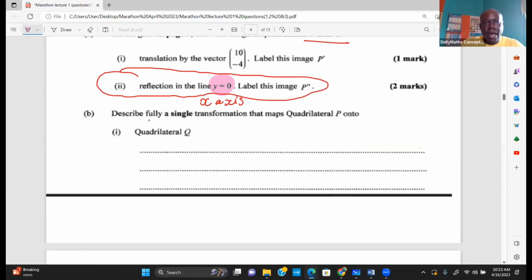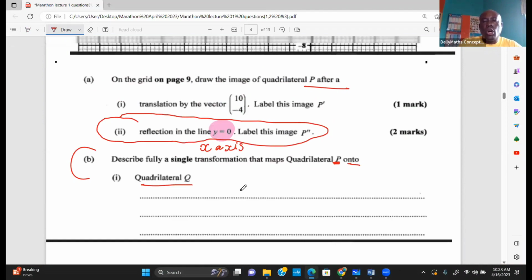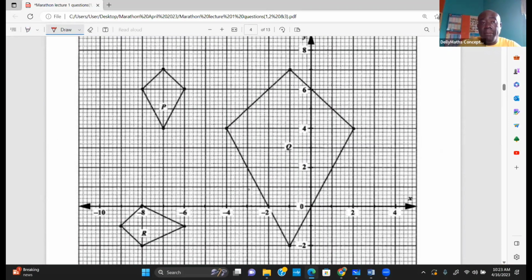They're asking you to describe fully a single transformation that maps P onto Q. Look at P, look at Q. A single transformation that maps P onto Q, not the other way around. So you want to know what happened to P so it turns into Q. Anybody want to quickly tell me what they think when you look at it?